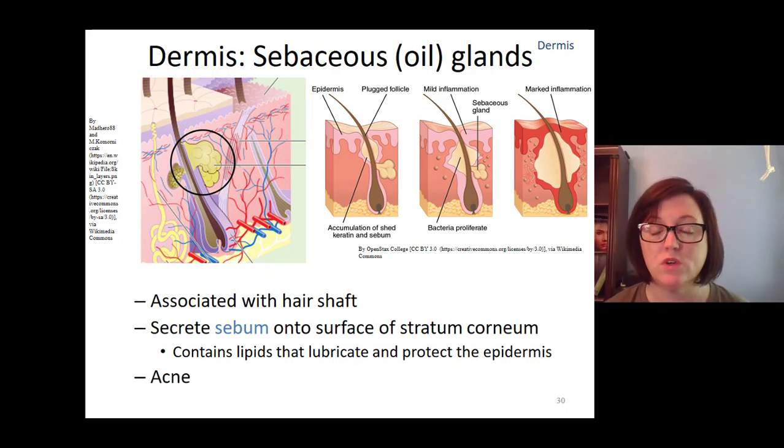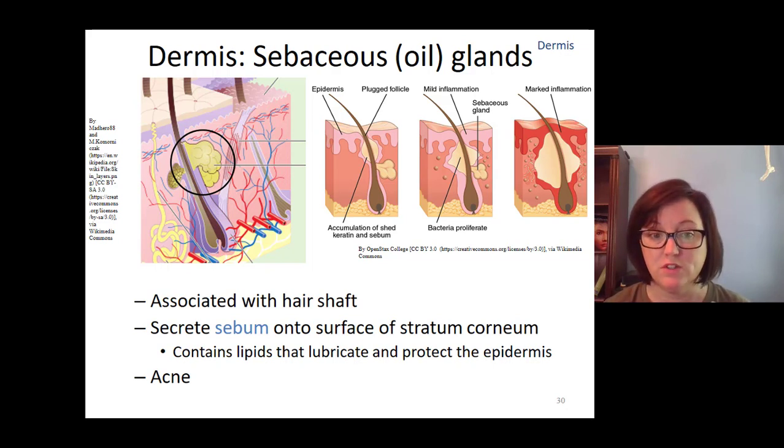Sebaceous glands produce a substance called sebum, which contains lipids and other compounds, and it helps to lubricate and protect the epidermis. So you don't want your epidermis to dry and crack, because then that creates an environment that's not a protective barrier, and things like bacteria could invade deeper into the skin and then cause an infection.